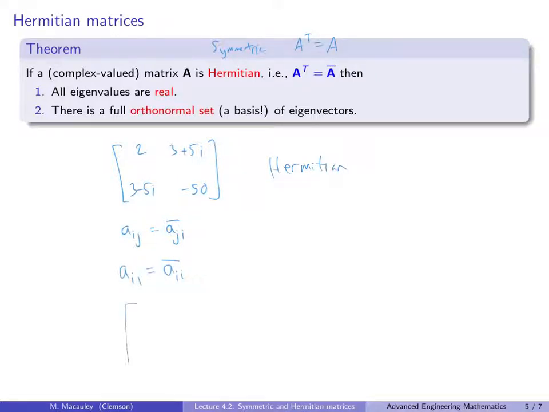And an example of a non-Hermitian but symmetric matrix is the following: 2, 3 plus 5i, 3 plus 5i, and negative 50. So this one is guaranteed to have real eigenvalues and an orthonormal set of eigenvectors. This one is not. It may, by accident, have either of these two properties, but it's no longer a guarantee.